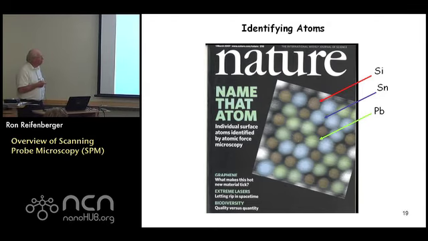So in this sample, they had silicon, tin, and lead atoms, and they positioned the tip over each of these atoms. They measured the force versus distance, and by measuring that, they were able to color all the silicon atoms red, all the lead atoms green, and all the tin atoms blue. So they were actually able to identify atom by atom the chemical composition of their substrate.